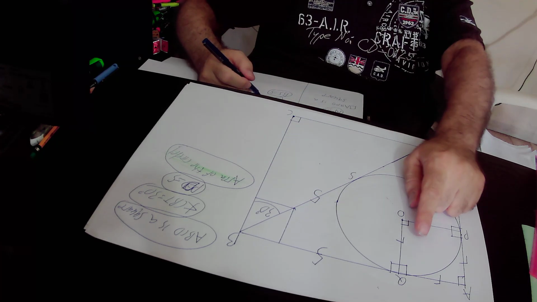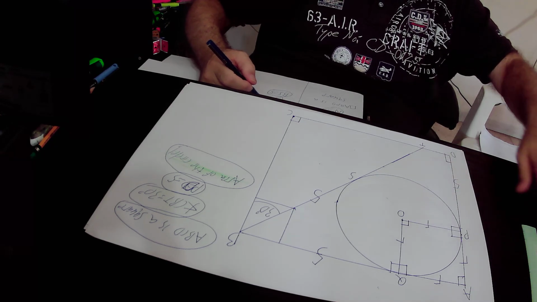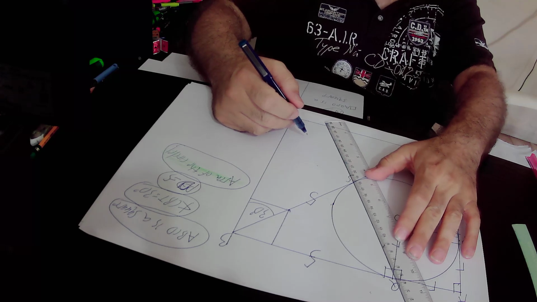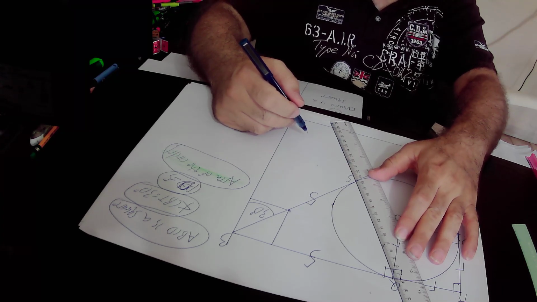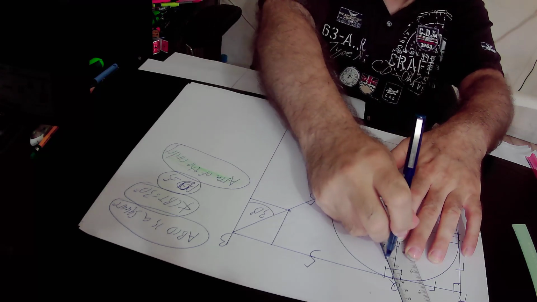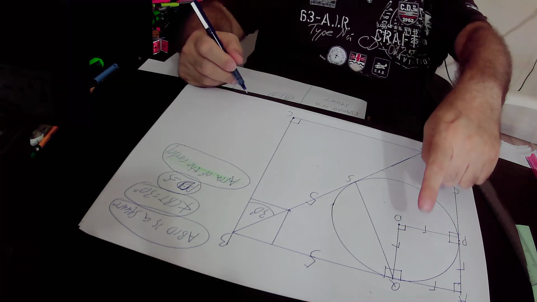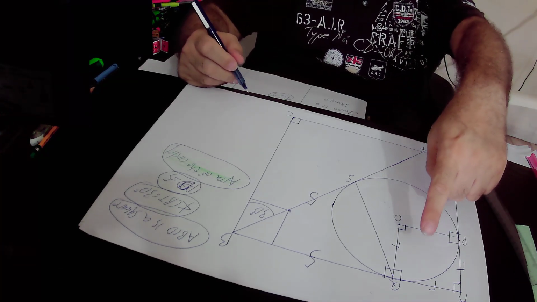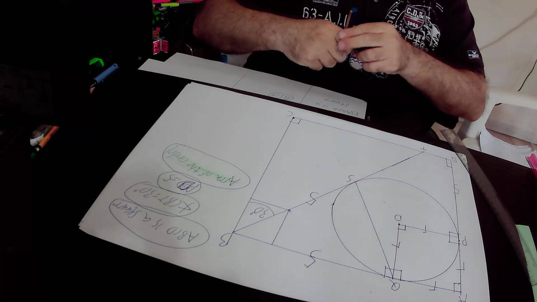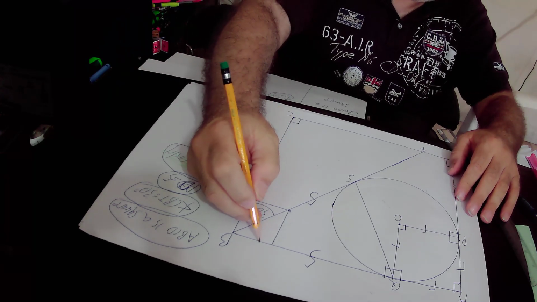In the next step, we'll join points Q and S together by a straight line. By joining points Q and S, we created triangle QBS. What is the size of angle QBS?